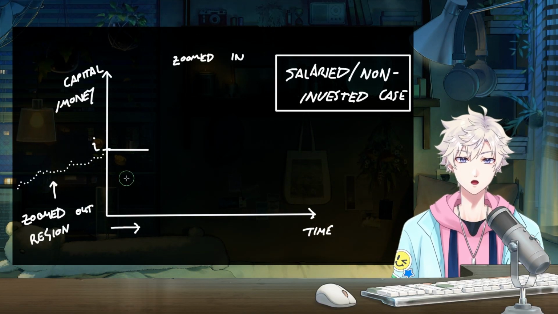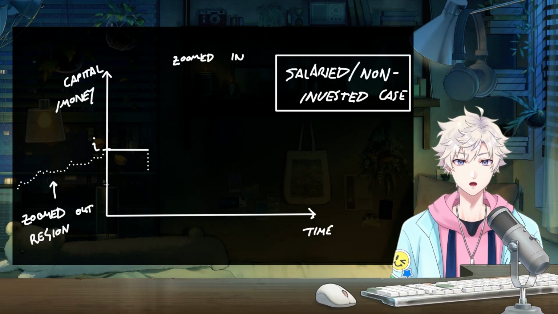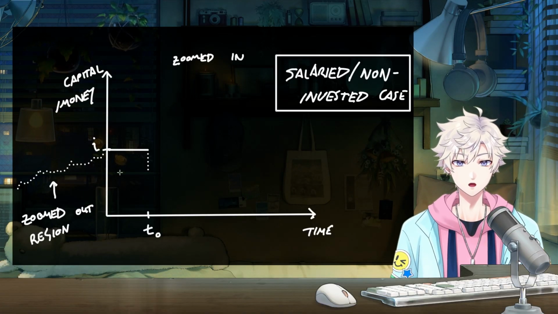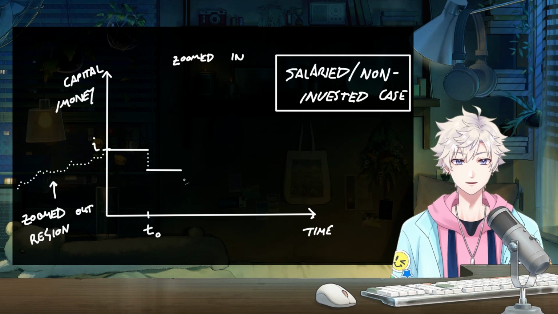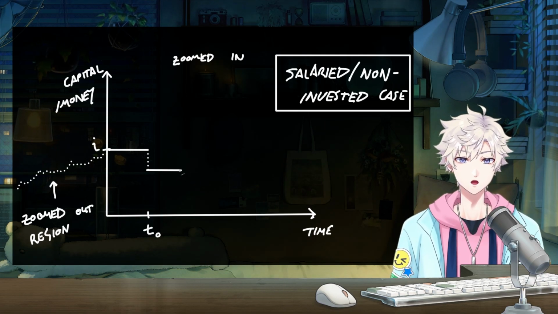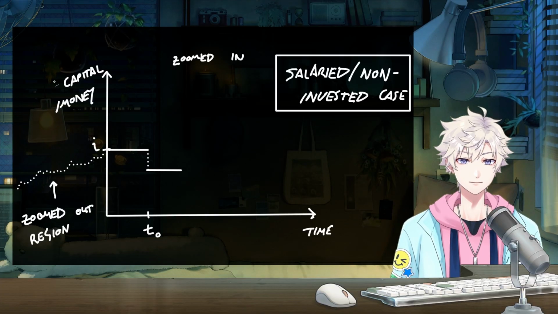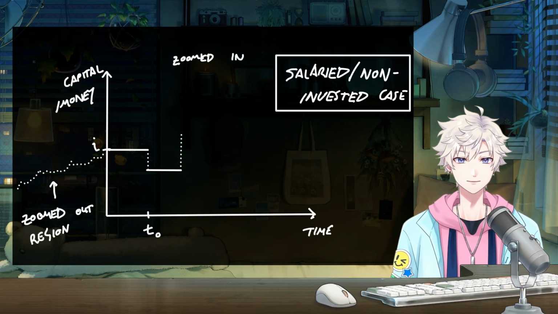All right, so let's say at some time T0, could be any time in the month, in the year, whenever, some amount is taken out, so it goes down. And after the money is taken out, since it's not invested, since it's not earning any sort of interest or income or dividends, it's just going to sit there. And let's say there's two more contributions after that.